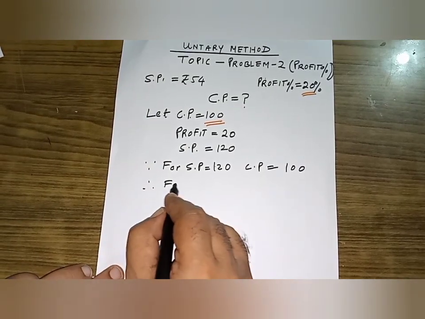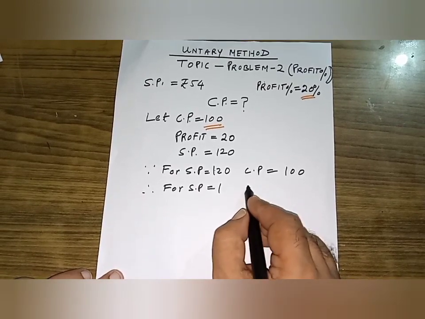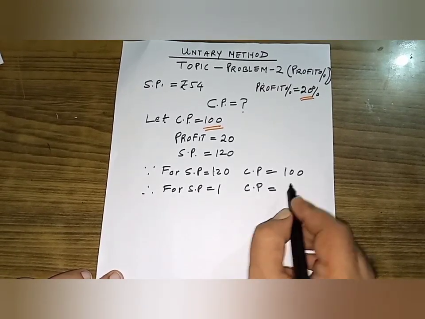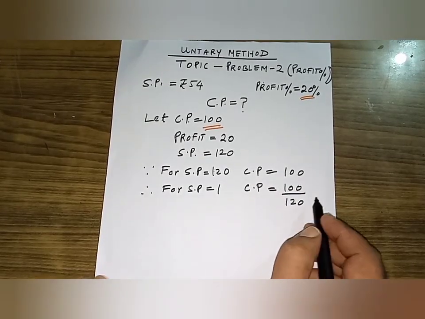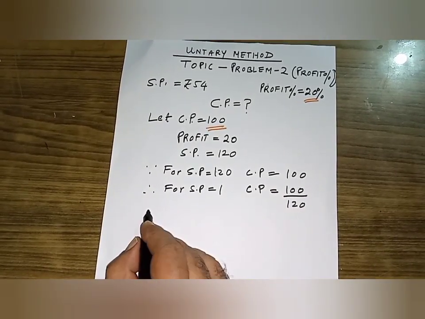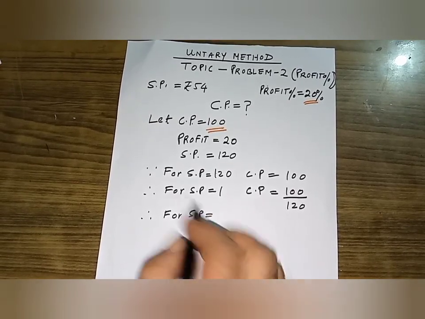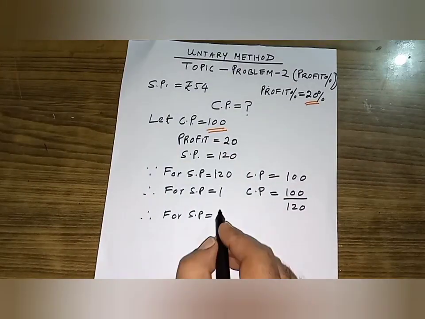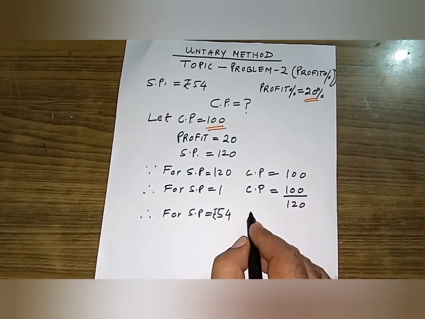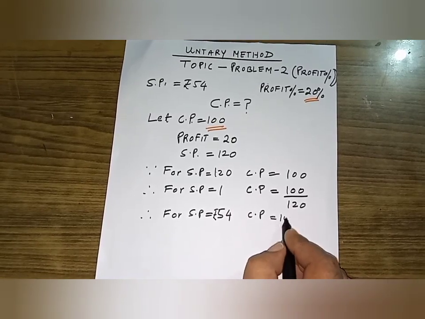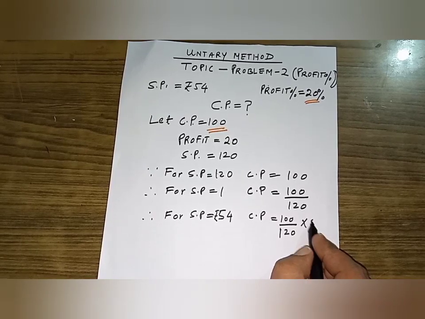Therefore, for SP equal to 1, CP is equal to 100 upon 120. Therefore, for SP equal to, here you can see it is given, rupees 54. Let us write rupees here. CP is equal to 100 upon 120 into 54.